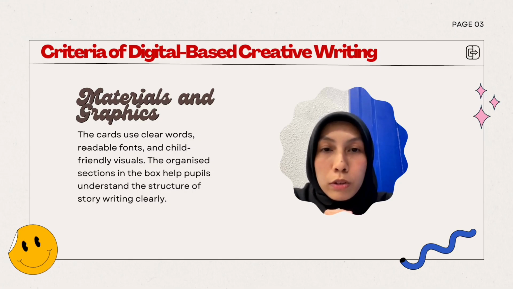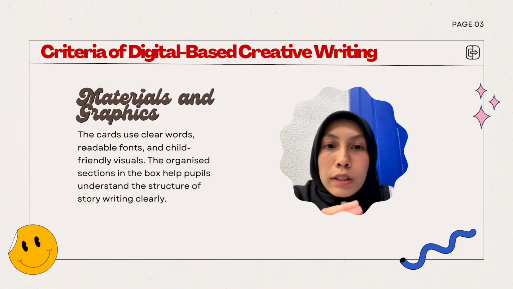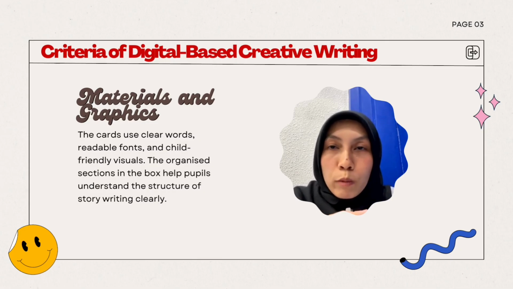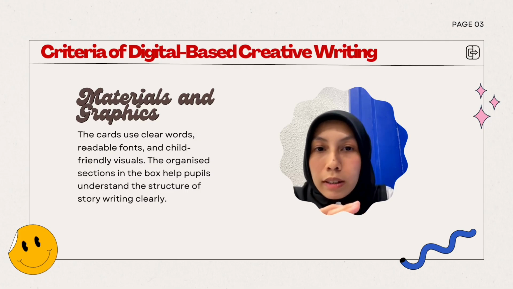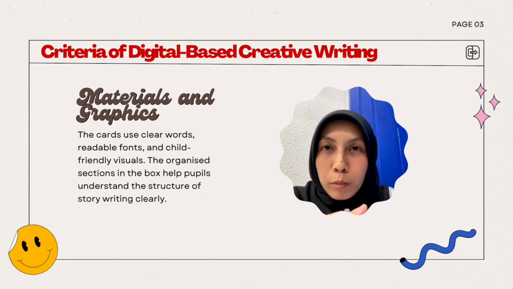The words are not too difficult, and the visuals are child friendly. The box is also organized into three clear sections, which helps pupils understand how a story is formed from character, action, and setting.